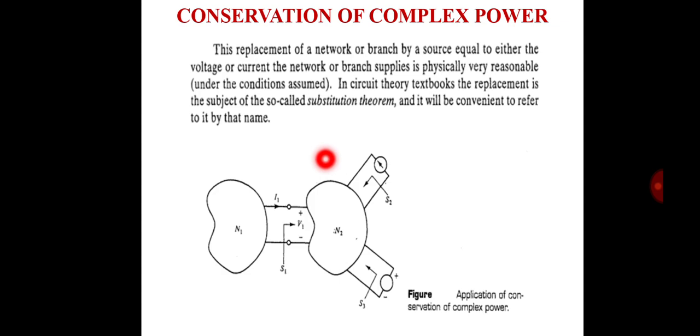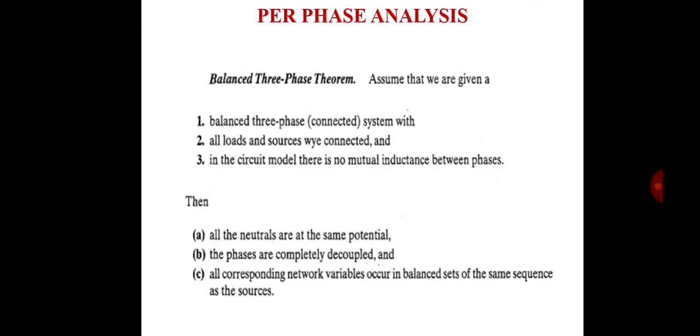This theorem is also known as the substitution theorem, and it will be convenient to refer to it by that name. We see the diagram and the conservation of complex power theorem.